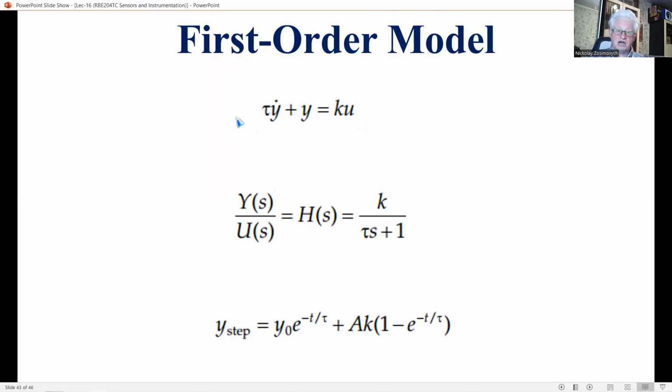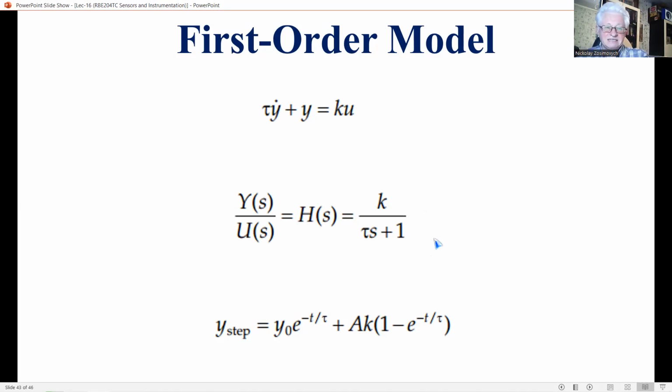The corresponding transfer function model is given in the next equation: Y of s over U of s gives us H of s, or in the classical automatic control expression, the transfer function K over tau s plus 1.